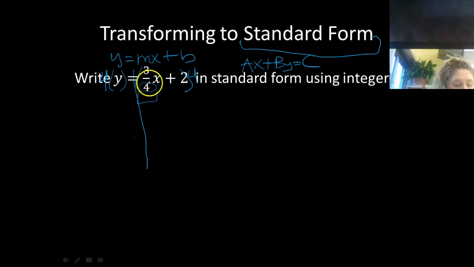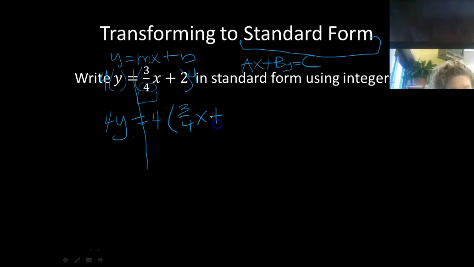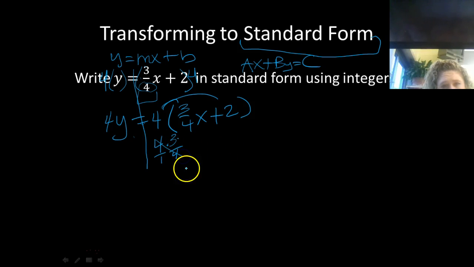So 4y equals 4 times 3/4 x plus 2. We need to distribute the 4 to both. 3/4 times 4 cancels and leaves you with 3x plus 4 times 2, 8, equals 4y.